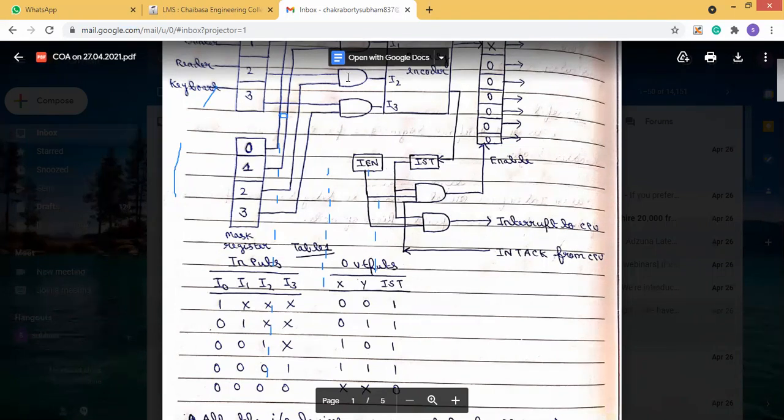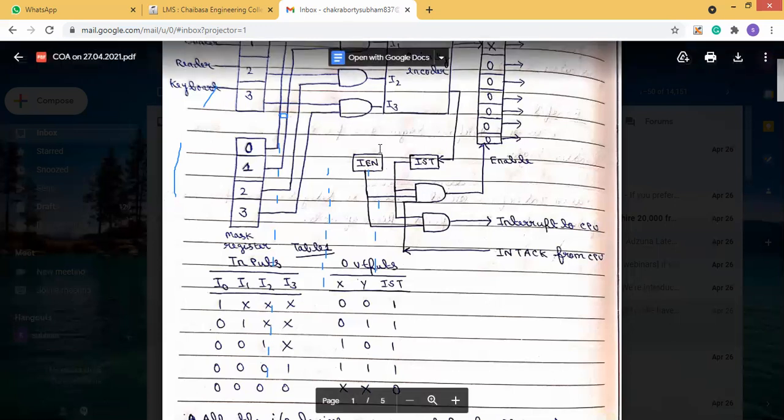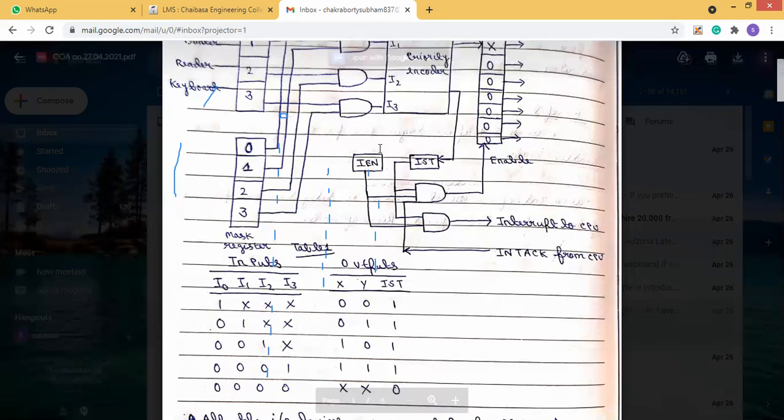If IEN value is 0, that means interrupt will not be handled by CPU. Now CPU is not ready to take interrupt.